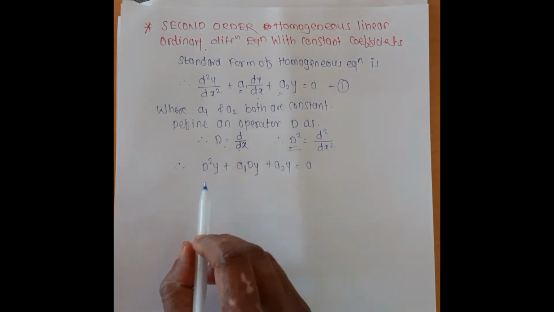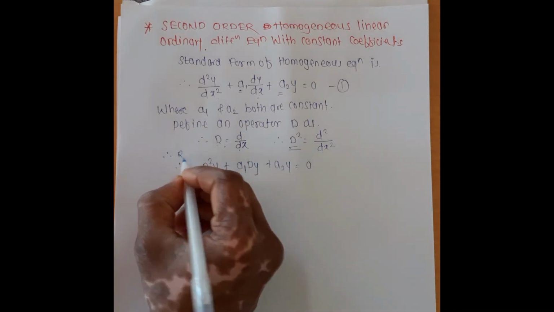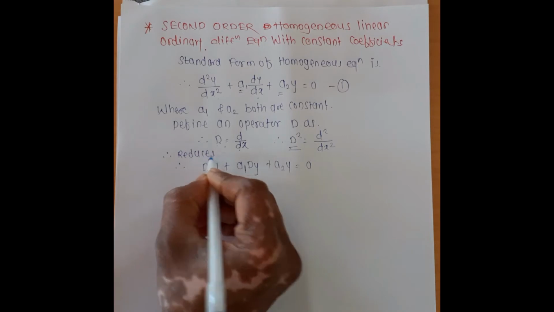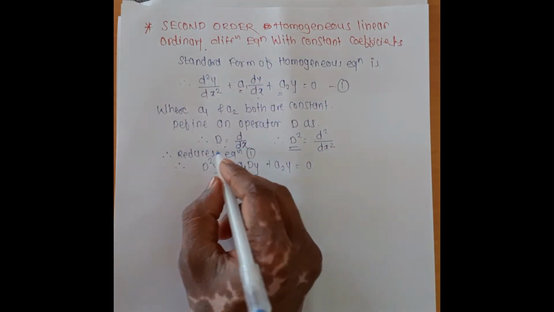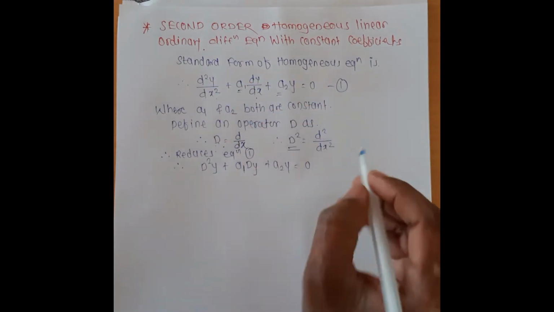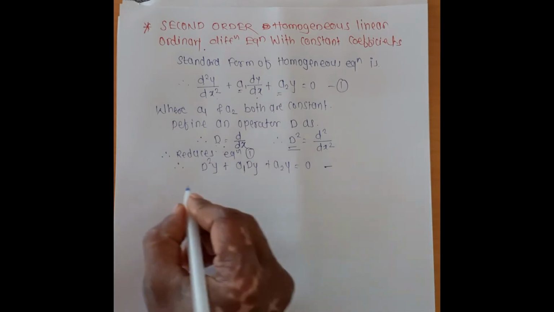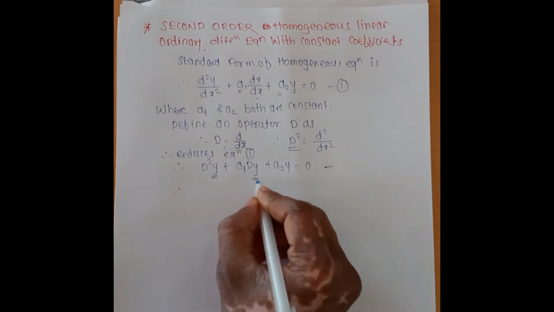This is the modified, reduced equation 1, because we substituted D and D square for d by dx and d square by dx square.